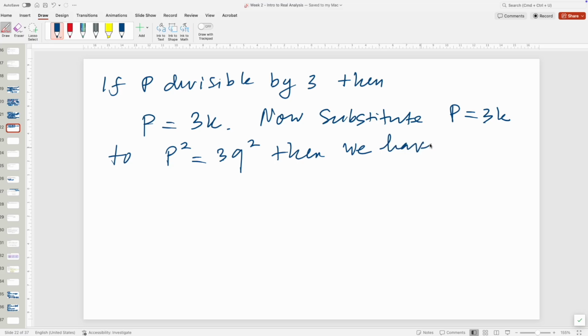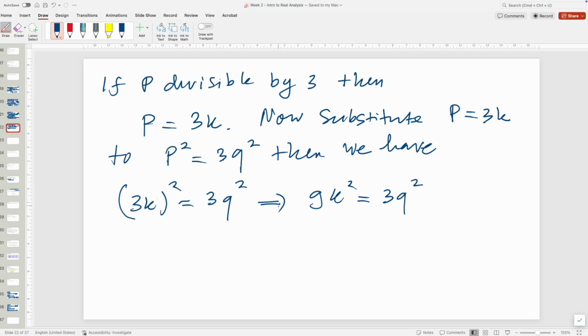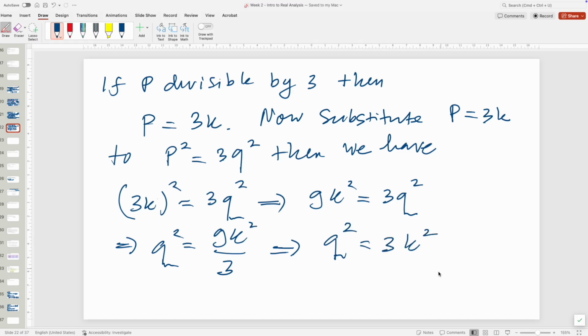Then we have what? 3k square equal 3q square. Then from here you get 9k square equal 3q square. And then q square equal 9k square. Divide by 3, so q square equal 3k square.